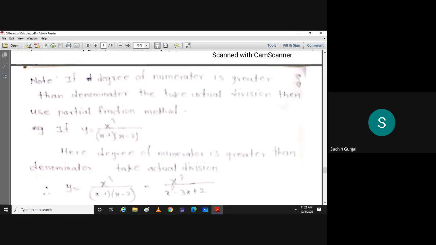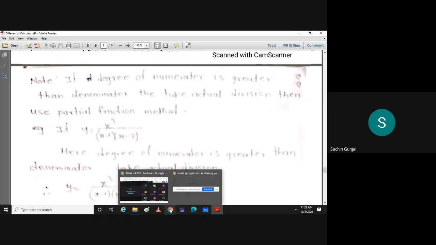Please write it down. If degree of numerator is greater than degree of denominator, then do actual long division, and then apply partial fraction.